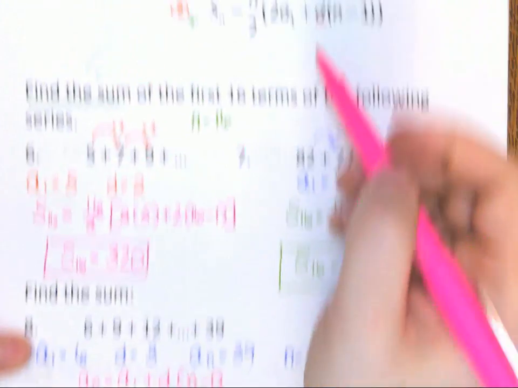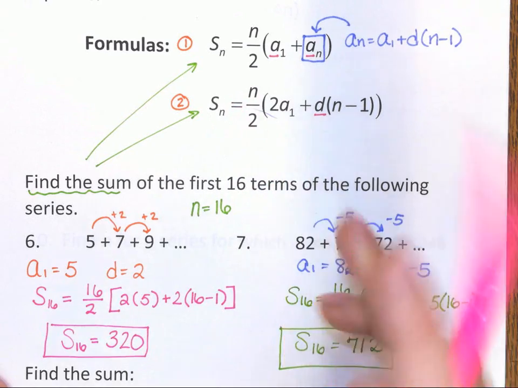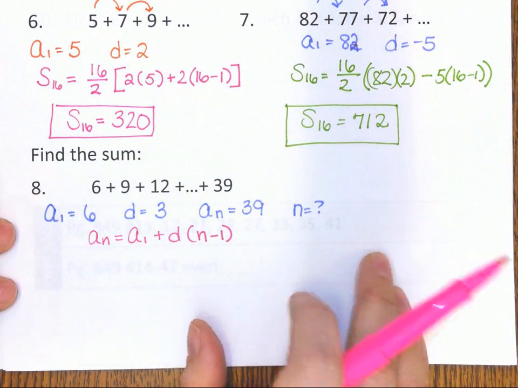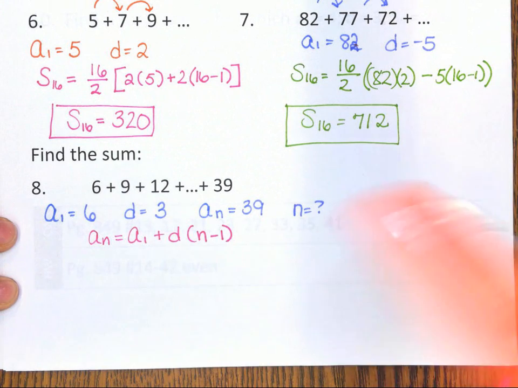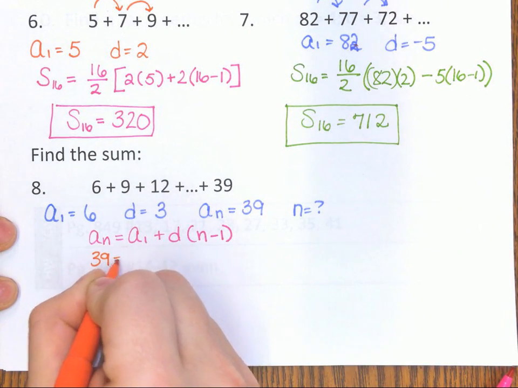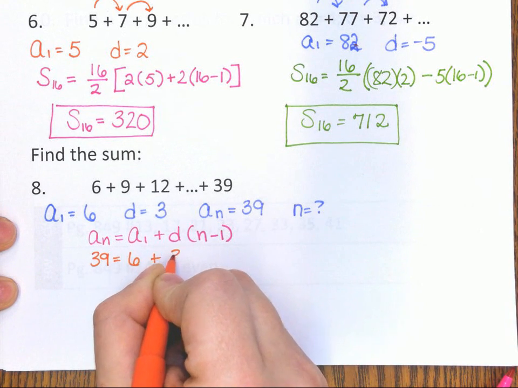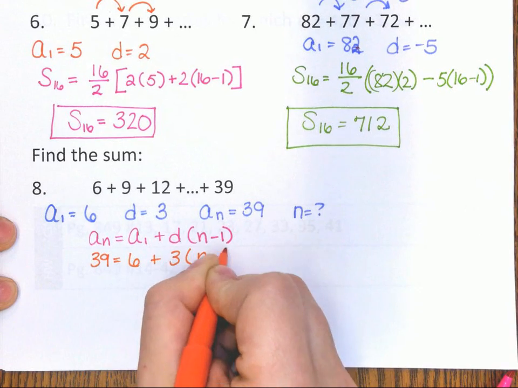Because I can't use the sum formulas, because that would have this missing and that. You just can't do that. Okay? So, the nth term was what? 39. The first term was? The difference was? And then we have n minus 1.